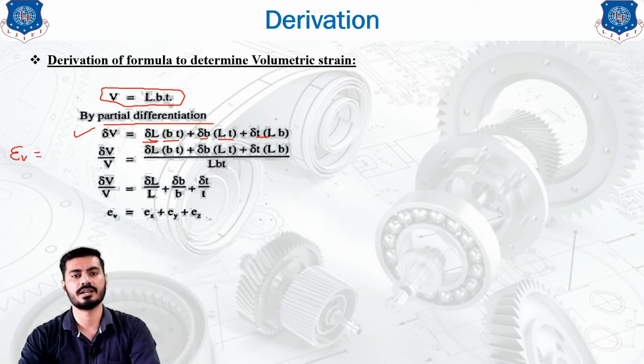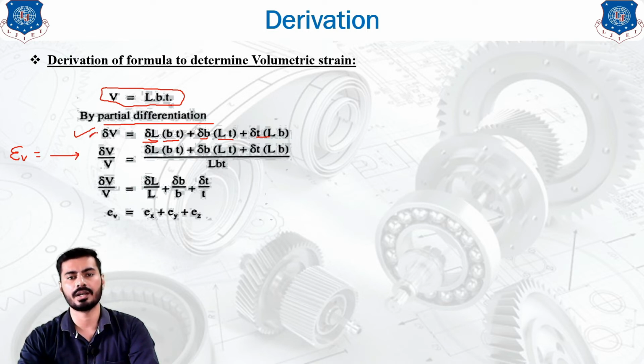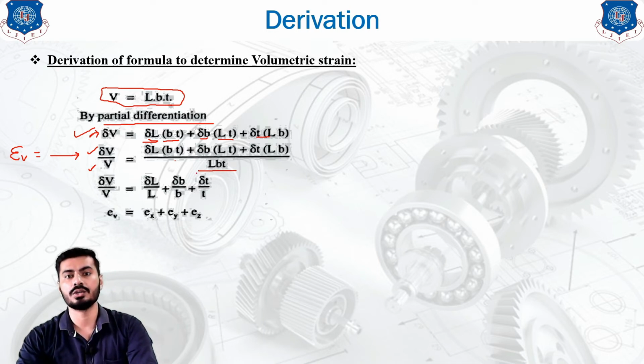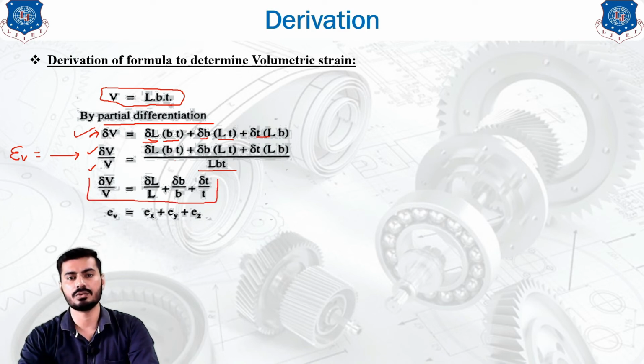Volumetric strain is nothing but delta V by V, and that's why we have divided the upper equation by the original V. The original V can be written as L B T. If you divide by L B T and do the individual division, it gives the simplified form like this, where B into T is cancelled out in the first term, L into T in the second term, and L into B in the last term.